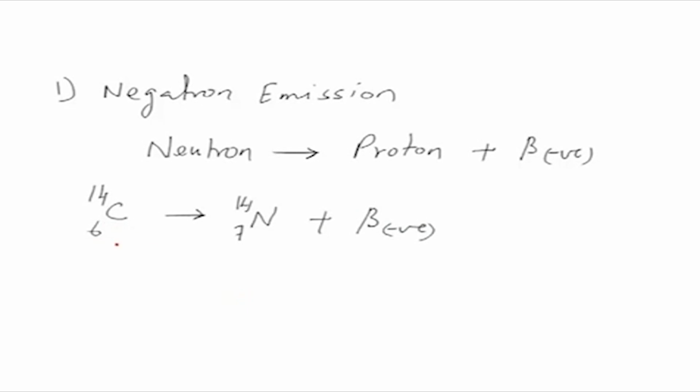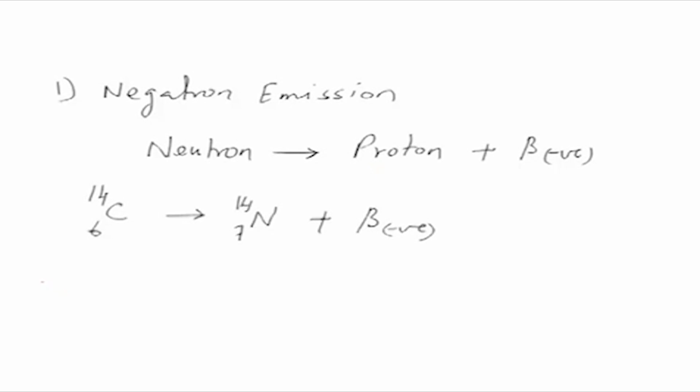If you can see here, the atomic number has changed. Carbon has atomic number 6, whereas nitrogen has 7, and this has been formed because a neutron has been converted to a proton. So, there could be decay by negatron emission.